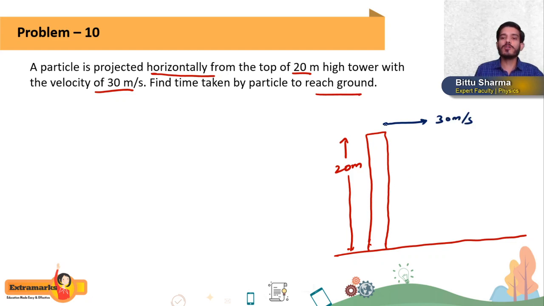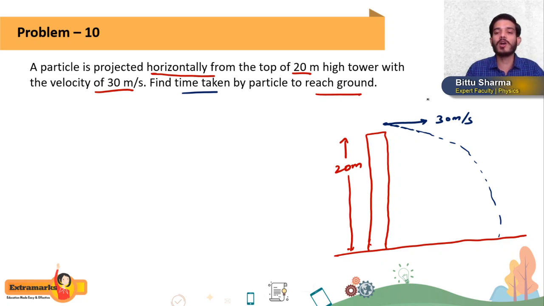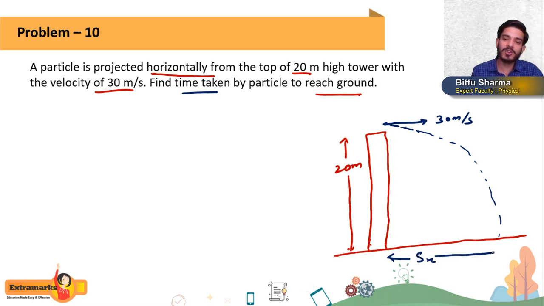So students, because of gravity, this particle will follow this path. Getting? You have to find the time taken by the particle to reach the ground. Let us say this is the range, which we represent as sx, the displacement in x direction. We have to calculate the time taken by the particle to reach the ground.